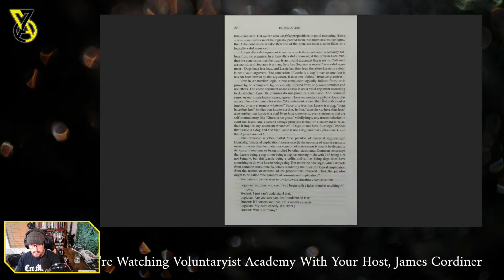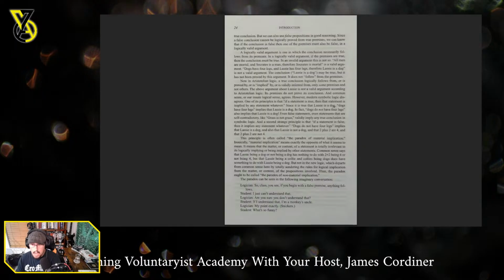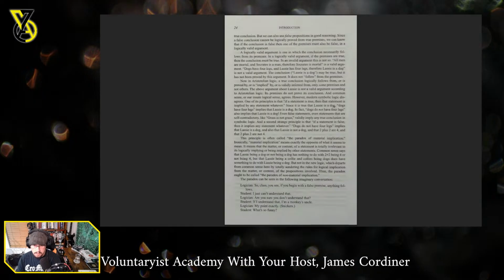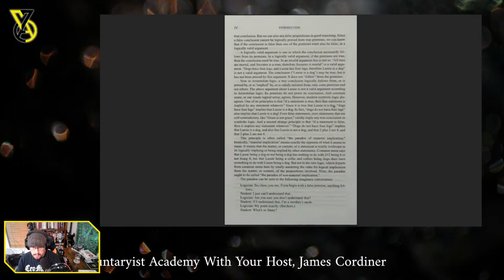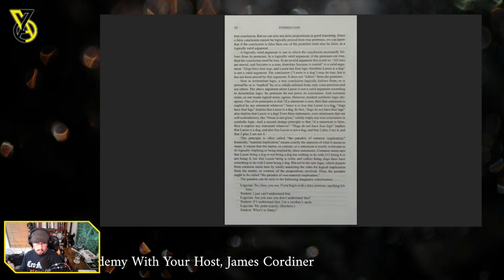In common sense, our innate logical sense agrees. However, modern symbolic logic disagrees. One of its principles is that, quote, if a statement is true, then that statement is implied by any statement whatever, end quote. Since it is true that Lassie is a dog, quote, dogs have 4 legs, implies that Lassie is a dog.